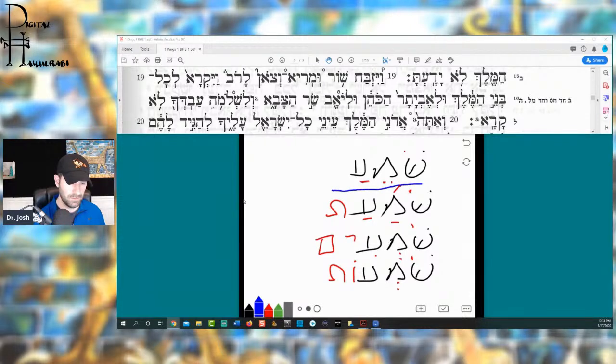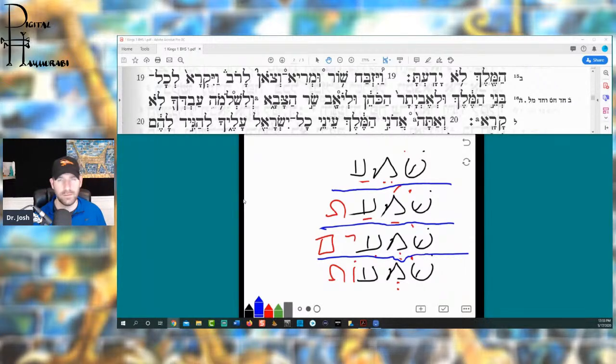Those look confusing, don't they? Okay. So shomea, we understand, the only difference being this little furtive patach because of the ayin. Instead of shome'et, because there's an ayin here, which likes an a vowel, you get shoma'at.